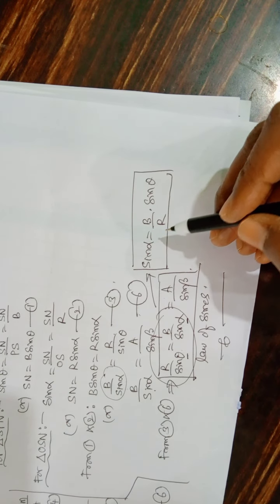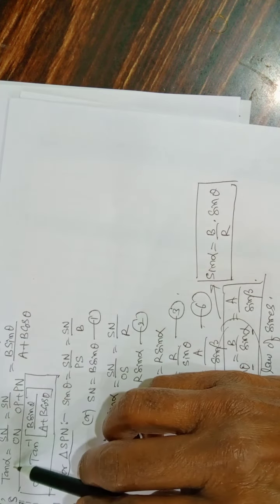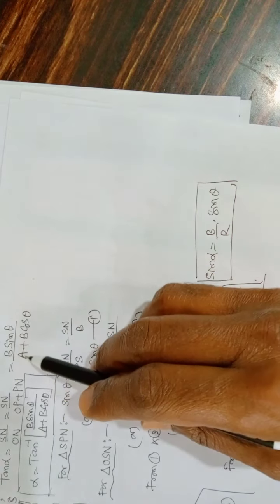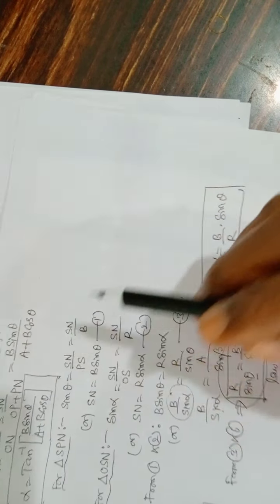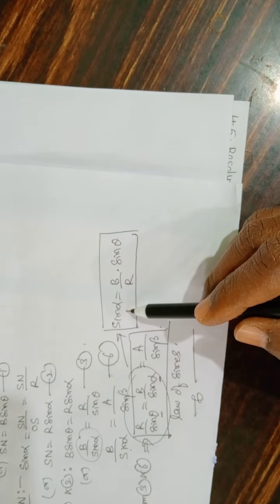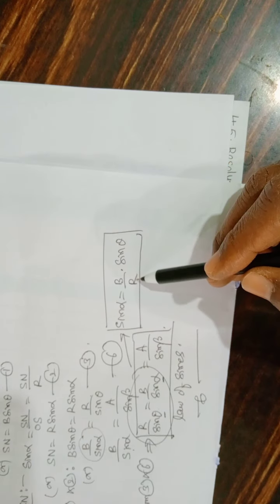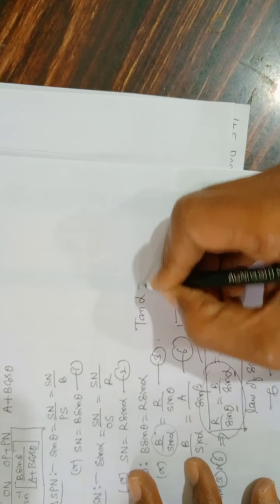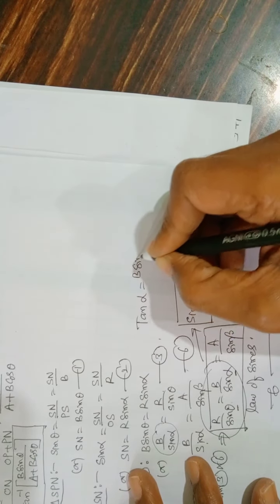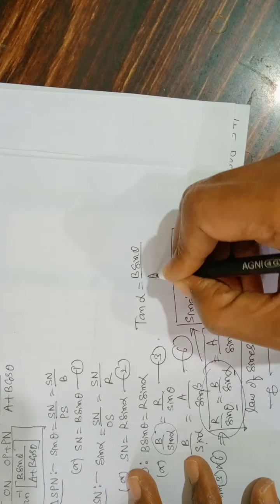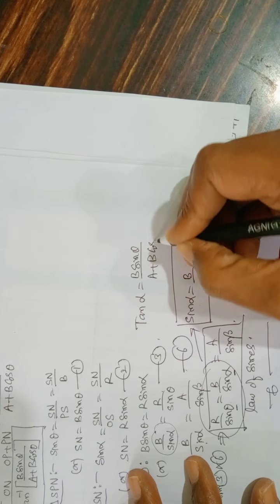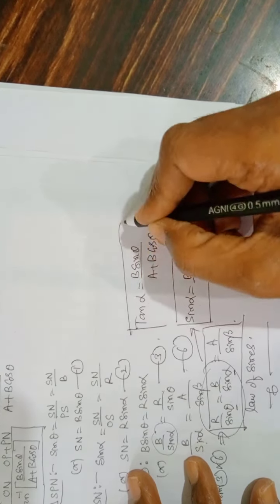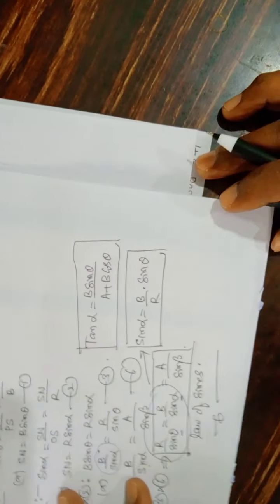See, we are having two formulas. One formula is tan alpha is equal to B sin theta by A plus B cos theta. Another formula is sin alpha is equal to B sin theta by capital R. To find direction, we are having two formulas.